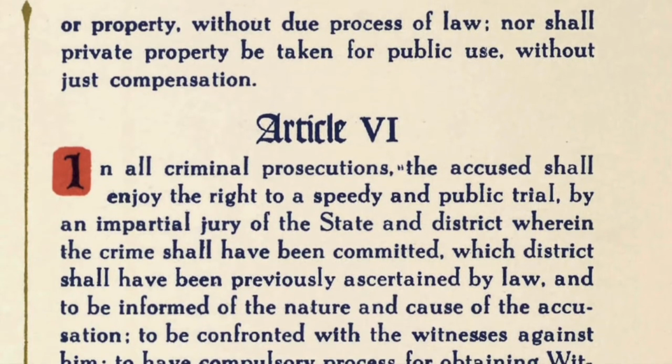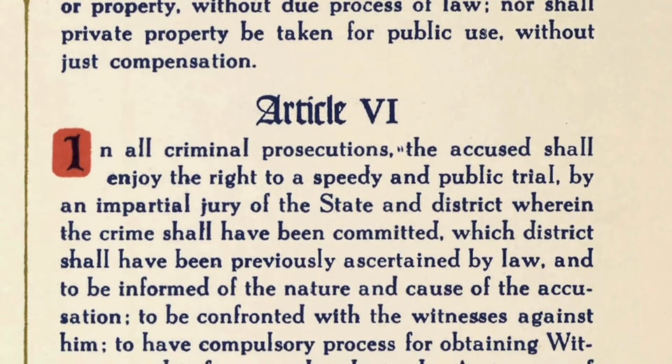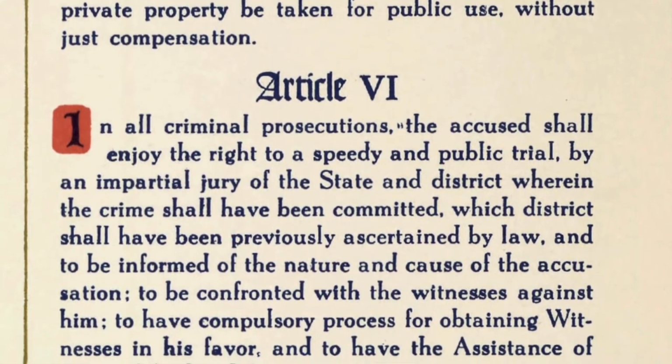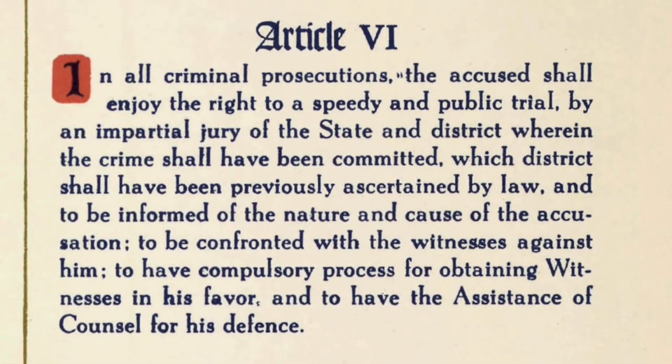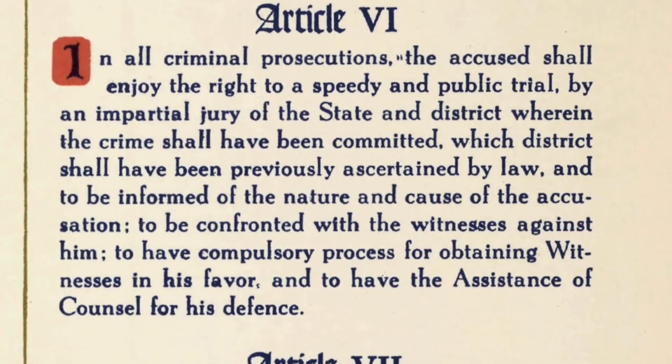The Sixth Amendment prohibits the government from arresting people for crimes without telling them why, from denying the assistance of counsel, and from denying a speedy public trial before an impartial jury.